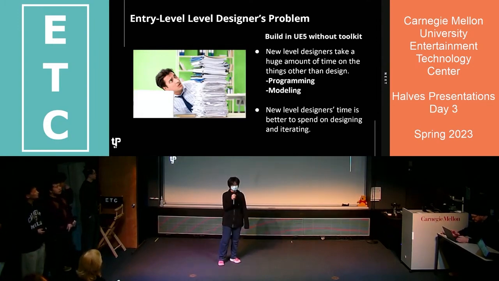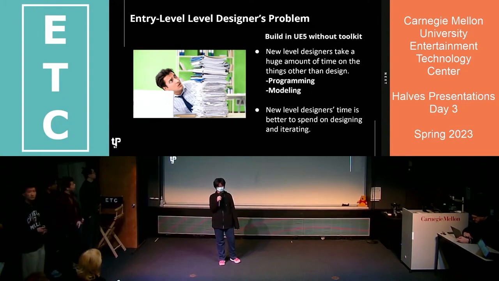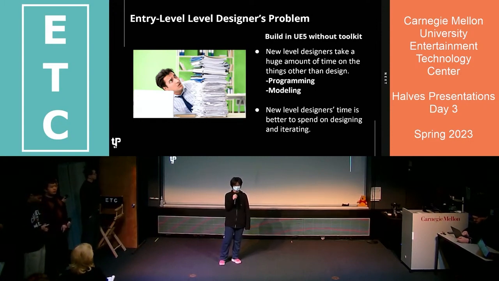When we built the level in the UE5 engine, we realized that it takes a huge amount of time on things other than design. For example, if they want to build some features, they need to write some code and build a model by themselves. That time would be better spent on designing and iterating. So we're going to make some pre-made features for them to save time and let them focus more on design itself.